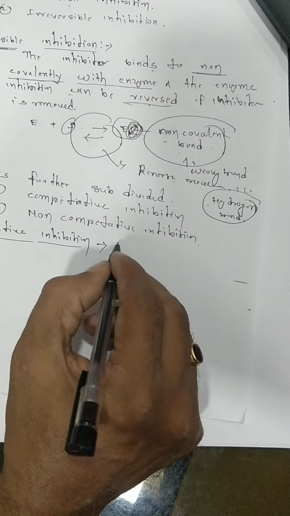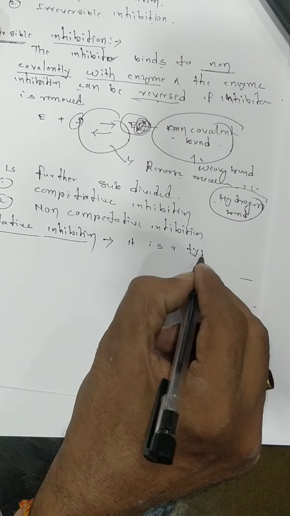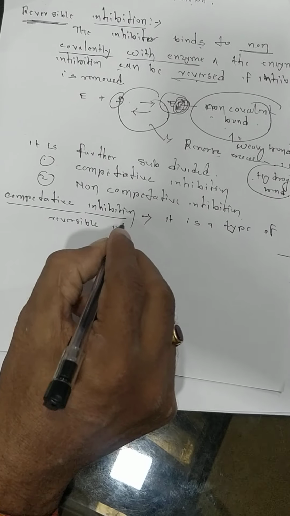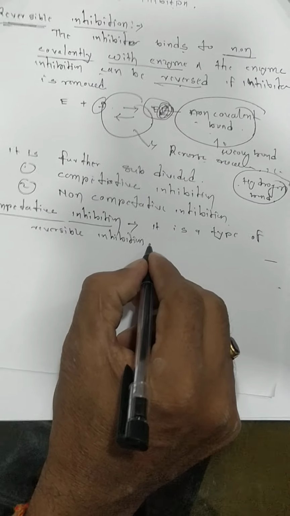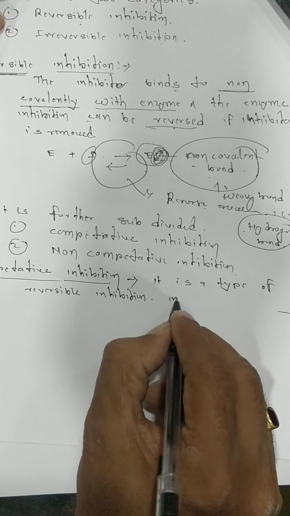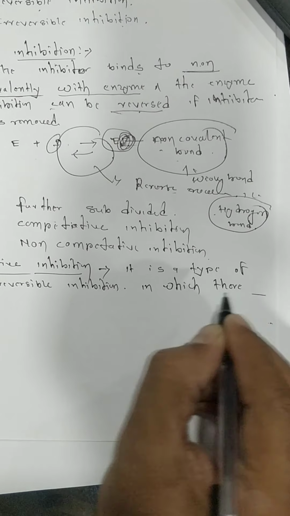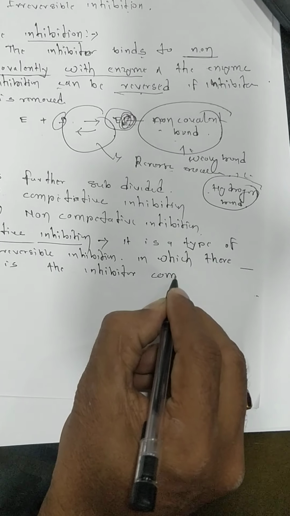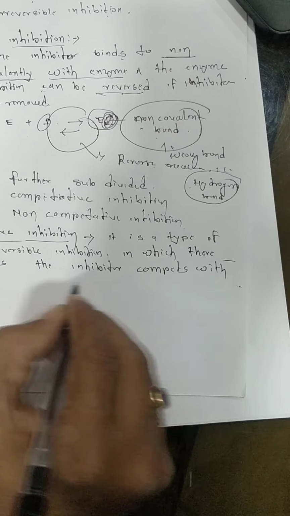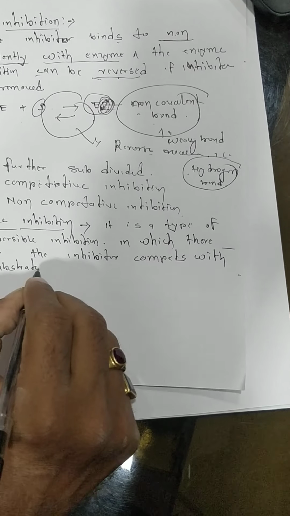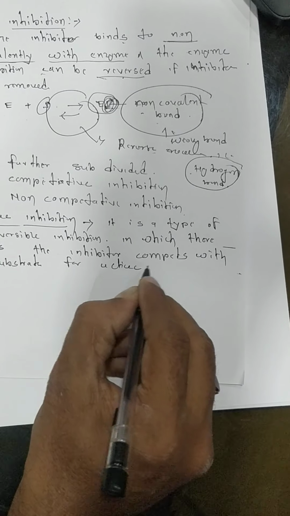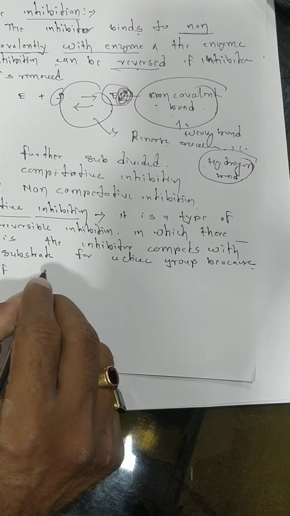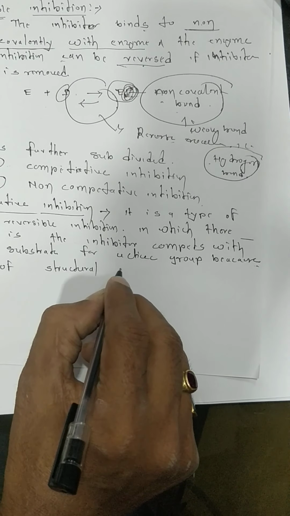Competitive inhibition. It is a type of reversible inhibition in which the inhibitor competes with the substrate for the active group because of structural similarity.